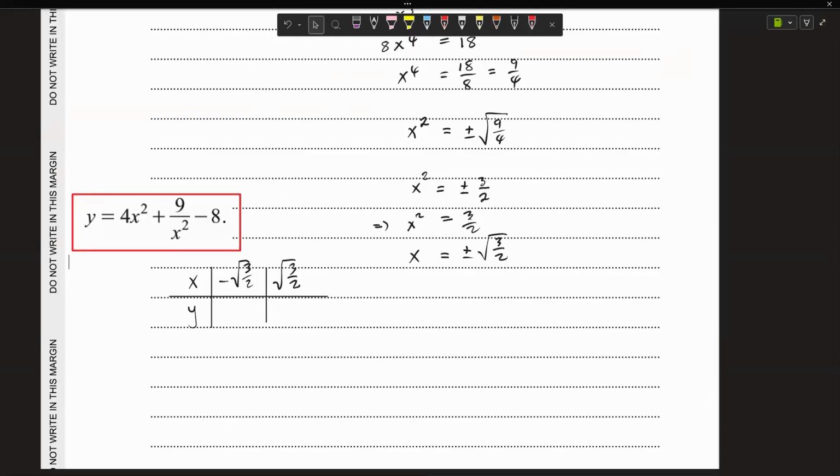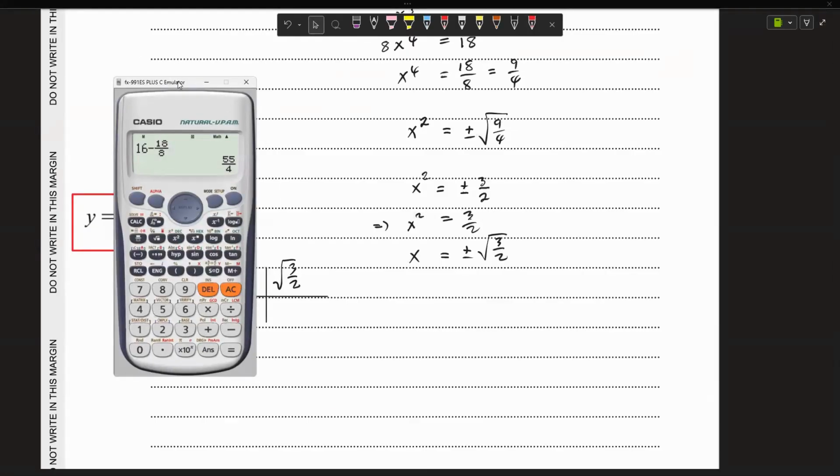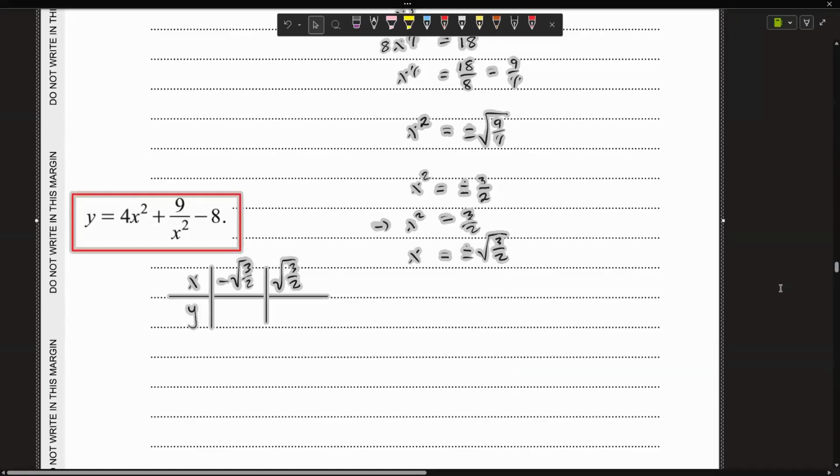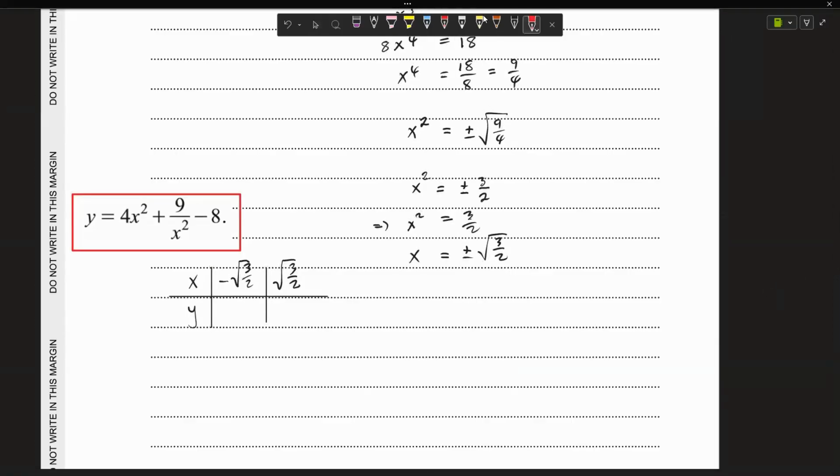All right. So I'm going to have here, all right, my calculator, and I'll have negative of square root of 3 over 2, shift store into x. So 4 over x squared plus 9 over x squared minus 8, and that gives us 4. So when x is minus root 3 over 2, the corresponding y value is 4.